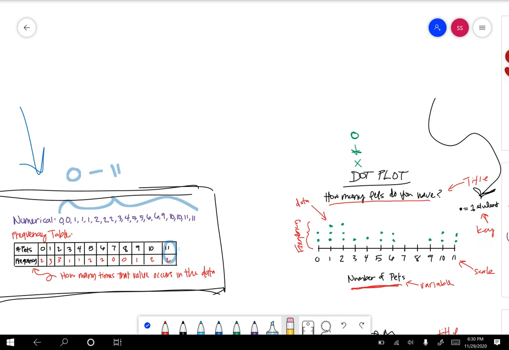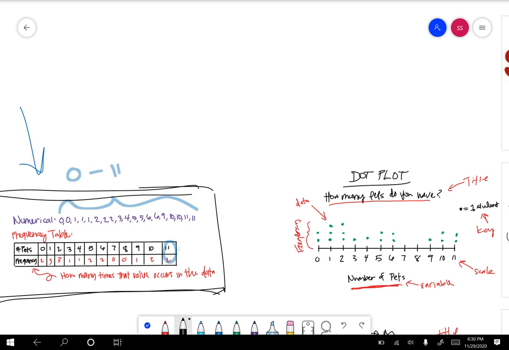That's why we have the key, just so our readers can understand what is happening with our dot plot. So the goal with creating these representations is so that anyone could look at it and be able to tell what we're talking about, right? I could look at this dot plot and say, okay, we're talking about how many pets people have, right?